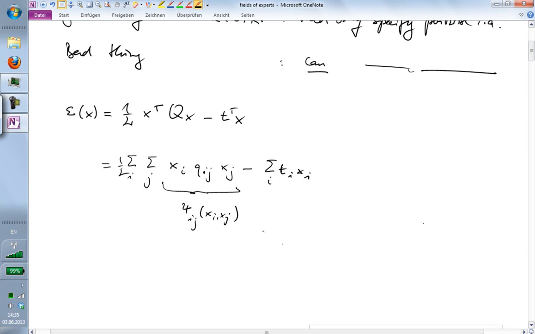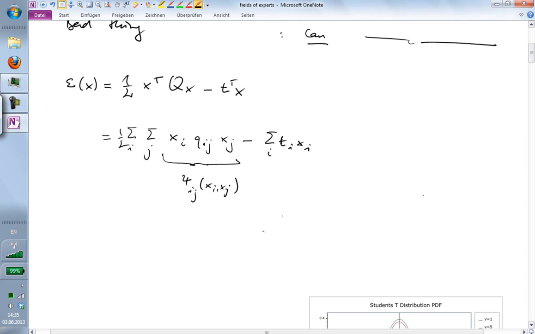But I can only create pairwise interactions in this fashion. So I could have high connectedness if I wanted.